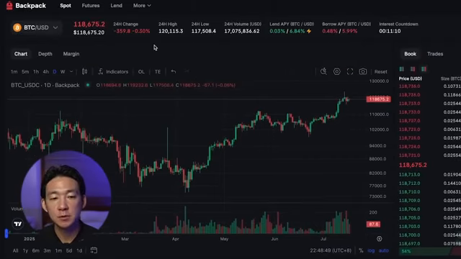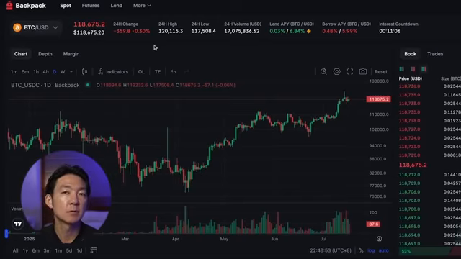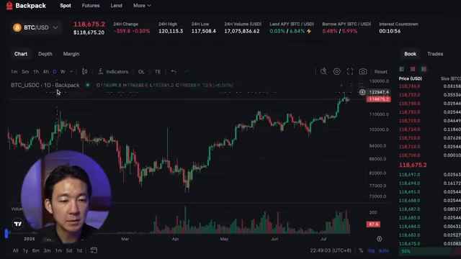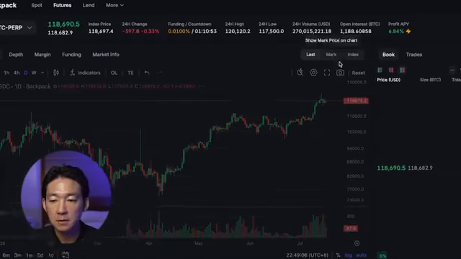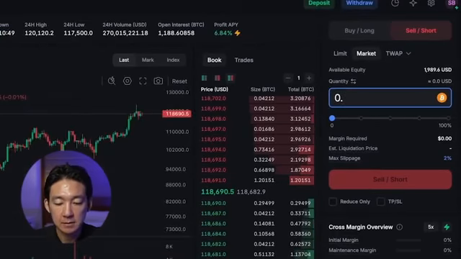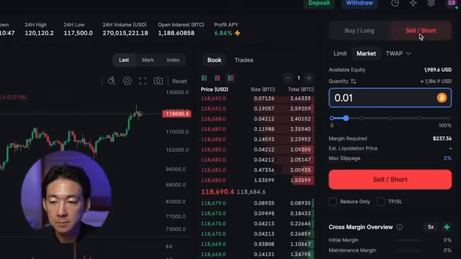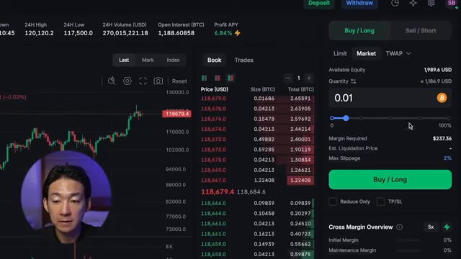So we're going to do two things: sell Bitcoin on margin and also buy Bitcoin on perpetuals, okay? You can start from either, but let's say I'm going to buy Bitcoin futures of 0.01. We buy at the market.